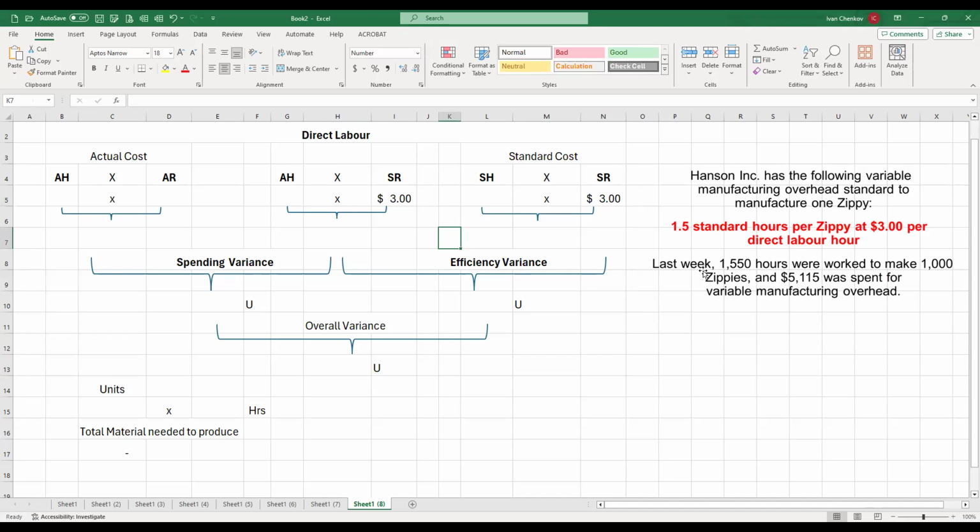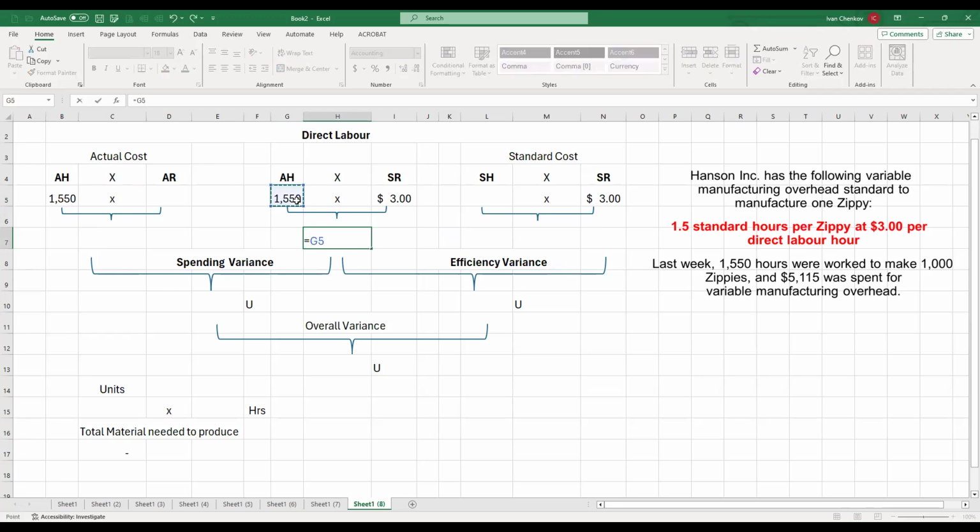Last week, 1,550 hours workers worked. What's our actual hours? 1,550. So we have our first number here, this one times that one.